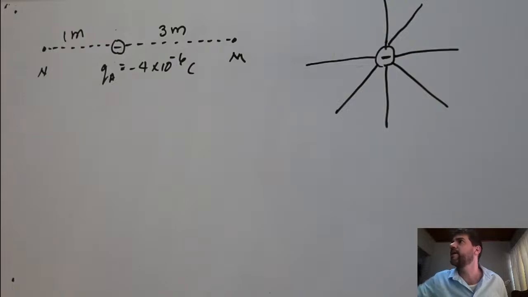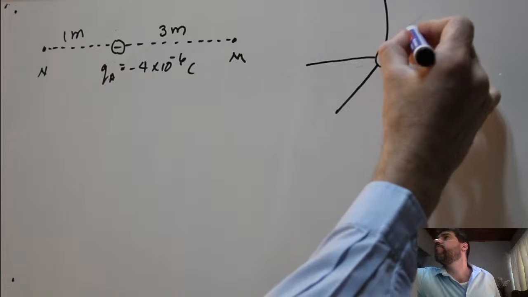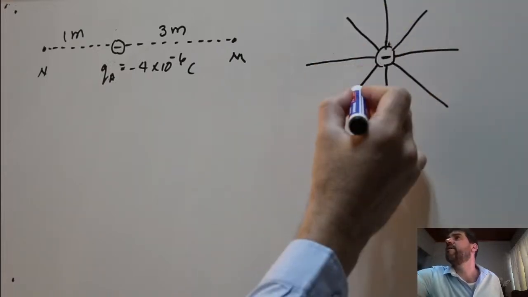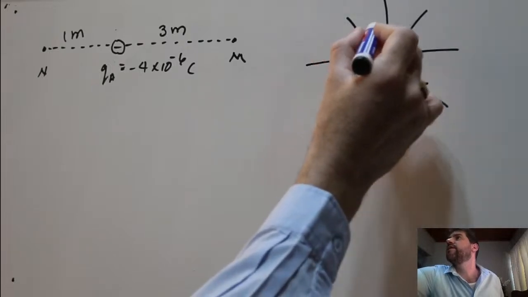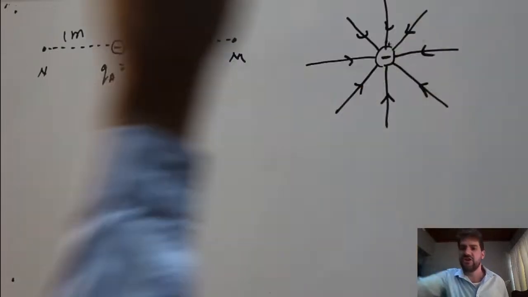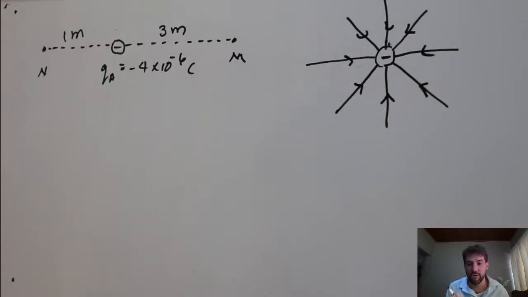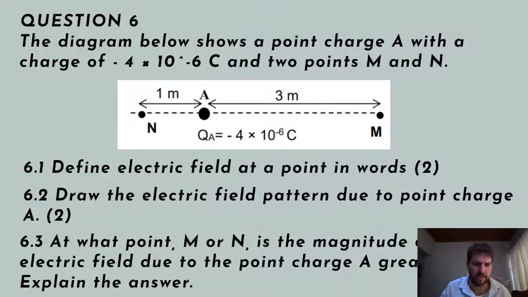Let me clean that one. The more lines you draw, the more probability of making a mistake. So the direction is in, because it is a negative charge. Note those lines must be straight lines towards the charge. Now this one, let me see how many marks.